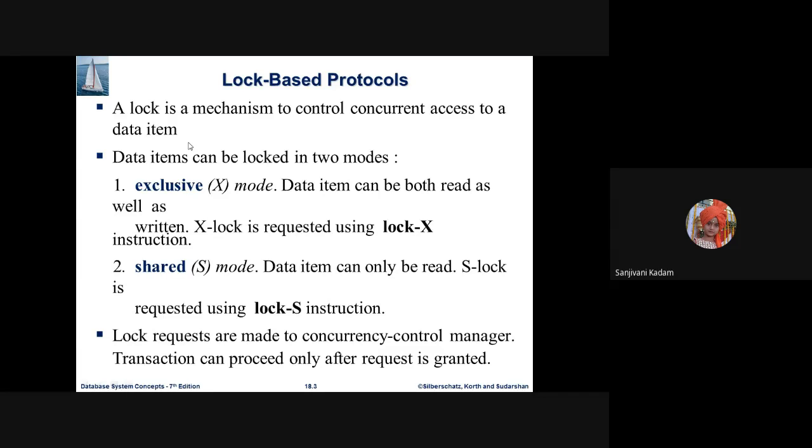For example, I am SS Kadam and I have an XYZ account in a bank, and I have some amount. That amount right now we are taking as a single value. If in a table I have 5 to 6 columns, then that tuple can also be my data item.